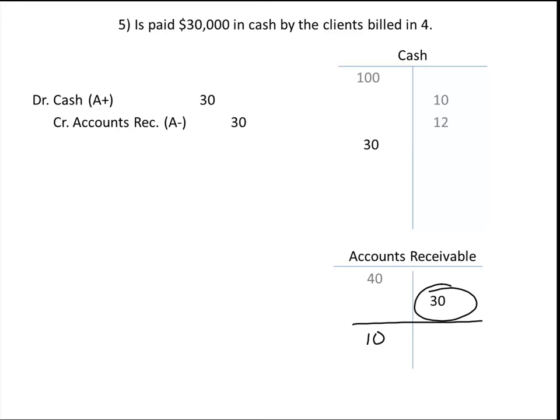We have a credit to accounts receivable for $30,000. Our equation is balanced with asset going up, asset going down. The entire transaction happens to be over on the left-hand side of the equation, and that's completely okay. Our journal entry has got a left and a right, and that's all we really need. To record collection of receivables from customers, and we can move on.